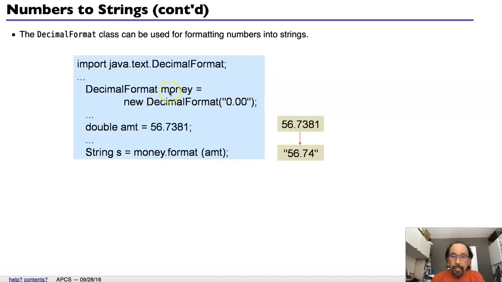When I make this money object with this format, then I could feed it some number to create a string that has the format that I had created. So this is something to look up. Just know about its existence, you don't need to memorize this right now, but you can always look it up later on if you want to format dollar symbols very nicely, and like I said, commas within big numbers.